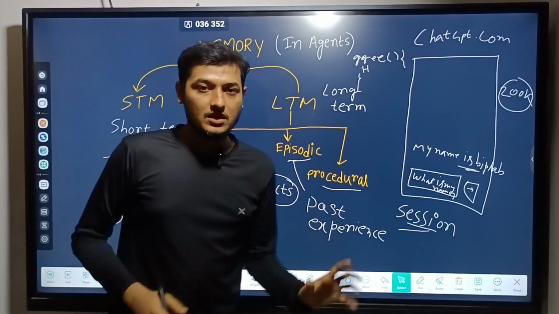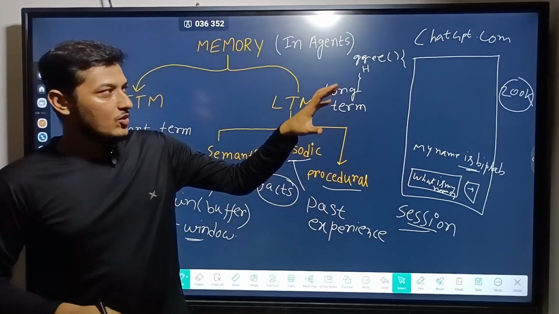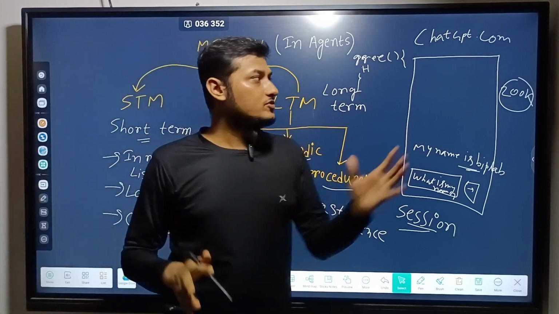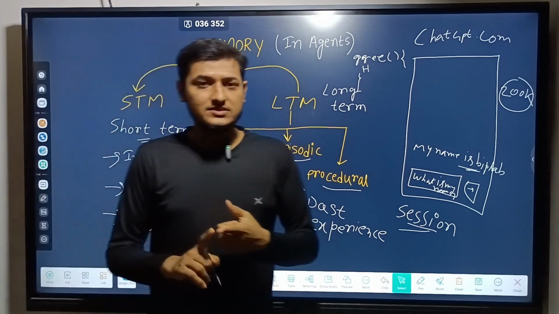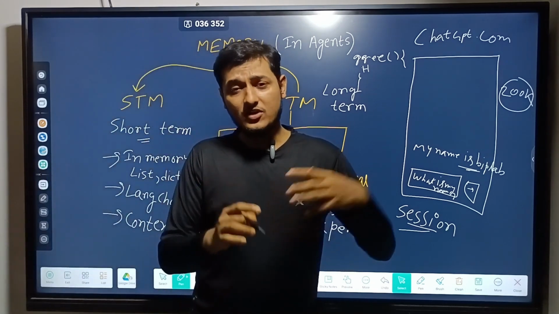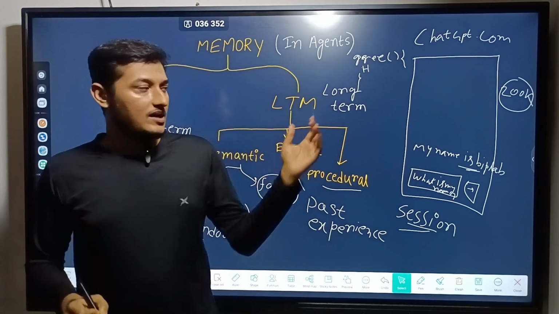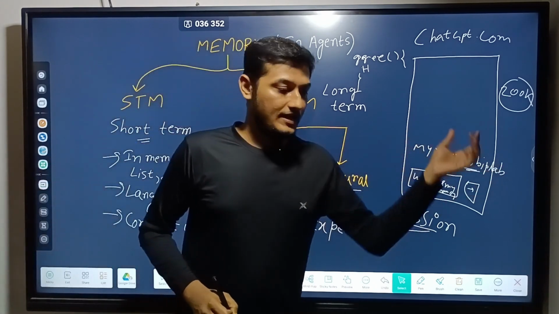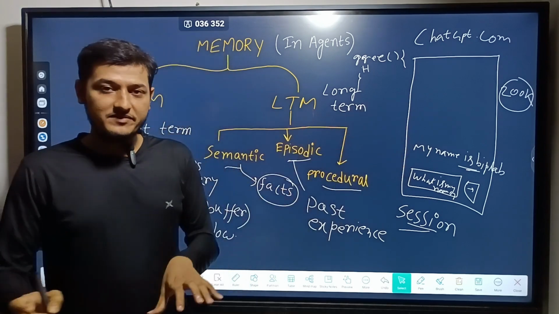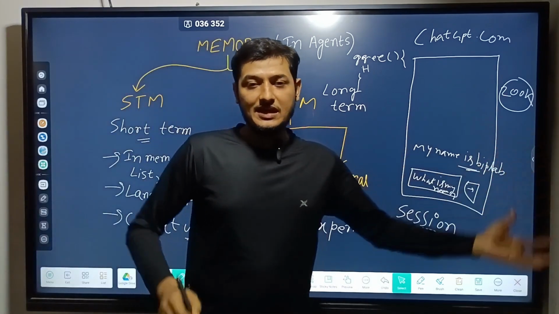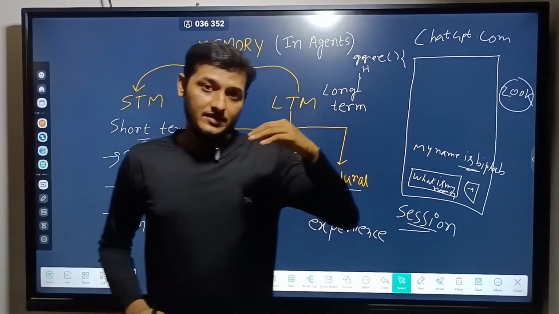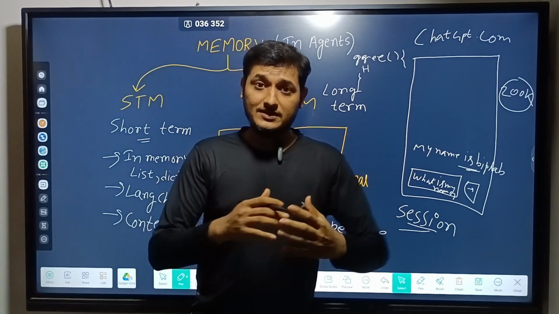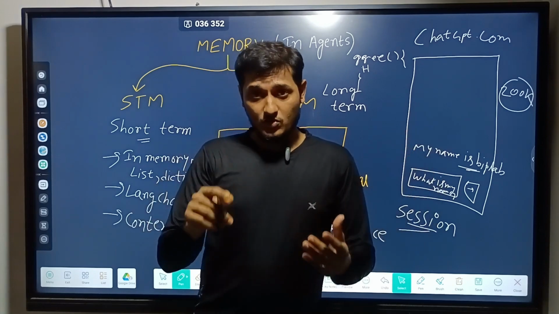Suppose 1 month ago you gave one code related error to ChatGPT, and that error was that you had not placed the semicolon after this line. And now after 1 month you have given that same error to ChatGPT, and it finds that 1 month ago this user gave me the same error, and that error was that semicolon.